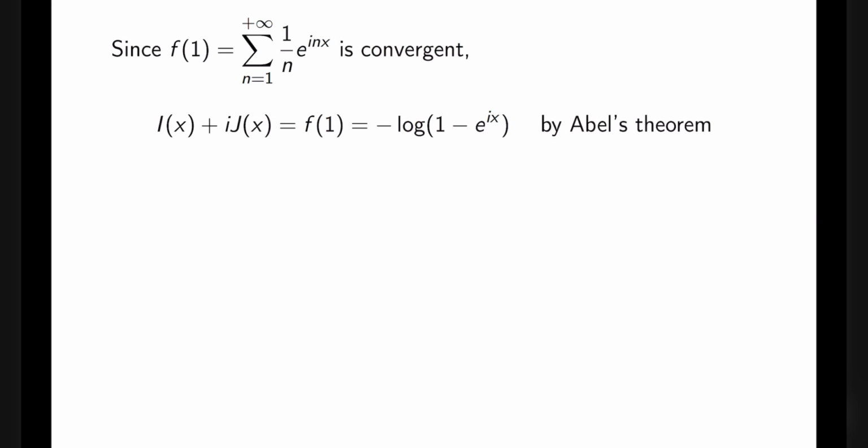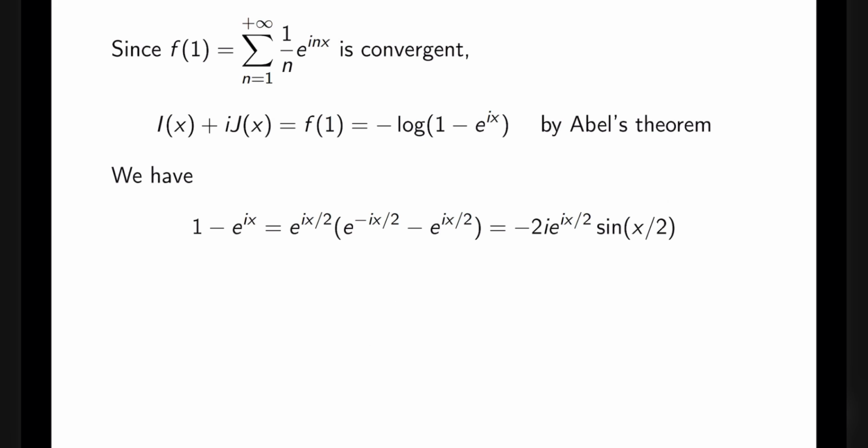Now we have to compute a complex logarithm, and to do that we have to remember that the logarithm of z is going to be the log of the modulus of z plus i times the argument of z. And in that case, the argument will be strictly between minus pi and pi.